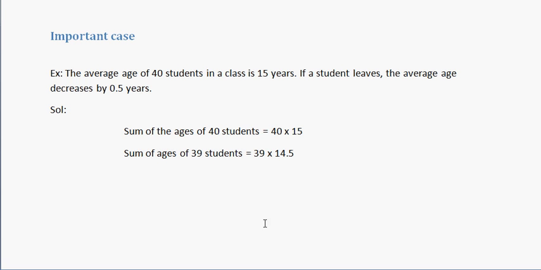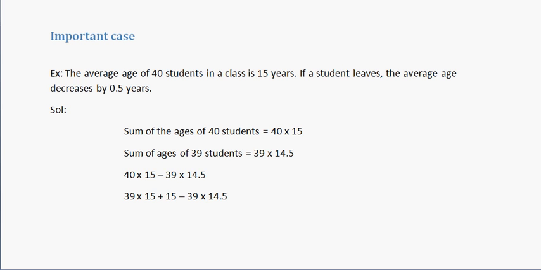Now what is the age of this student who left? So we just take the difference of these two: 40 into 15 minus 39 into 14.5. So can we write this as 39 multiplied by 15 plus 15 minus 39 multiplied by 14.5?